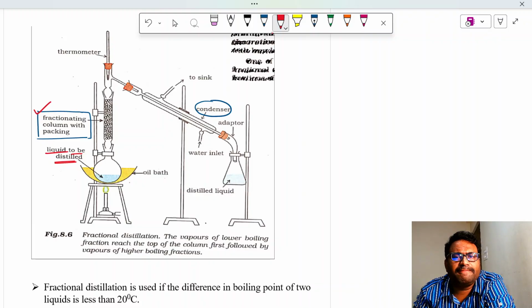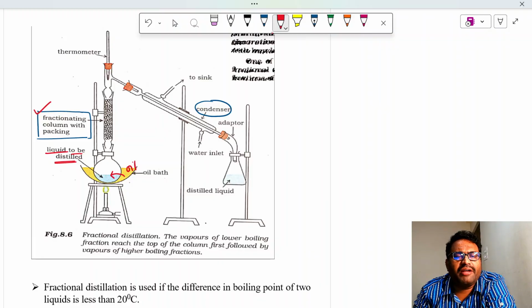We are heating this mixture of liquids by using oil bath. Oil bath is nothing but oil. First heat transfers into oil, from the oil, the heat transfers into liquid. Directly we are not heating.